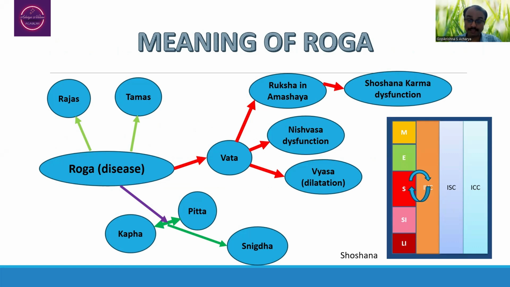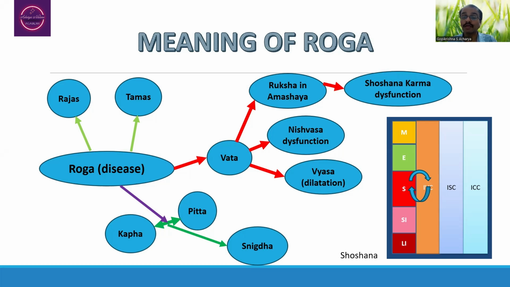Further, if you analyze this in terms of the guna, if the ruksha guna increases in amashaya, that can be considered as roga. Or otherwise nishwasa, that is the inspiration, the air entry into the body: if there is any dysfunction, that is considered to be vata dosha dysfunction, again that could be considered as roga.